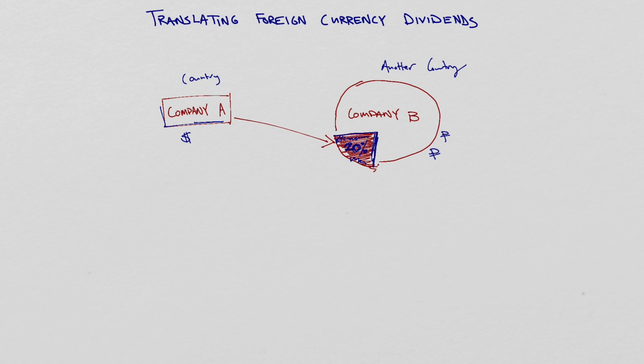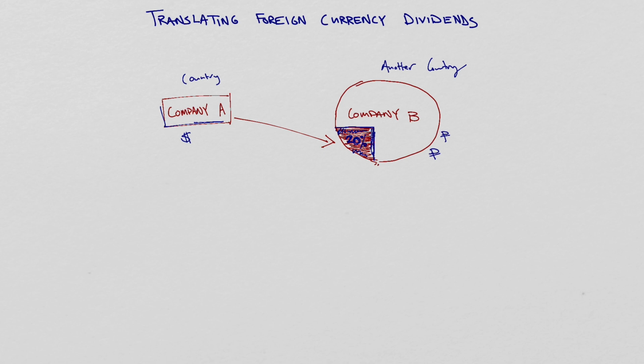And so when those profits get paid by company B in the form of dividends, it's not clear what they're actually worth, because they start out in one currency and then they get translated into another. What they're worth, whether it's small or large, depends on what the exchange rate is at the time that they're transferred. So we'll talk about some ways to mitigate that risk a little bit later on.